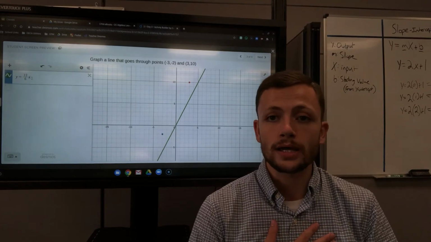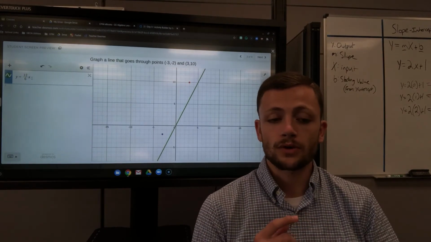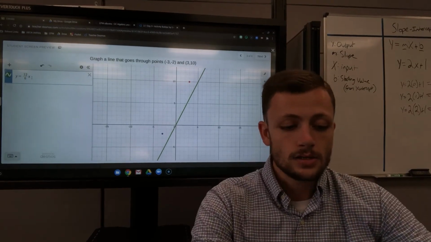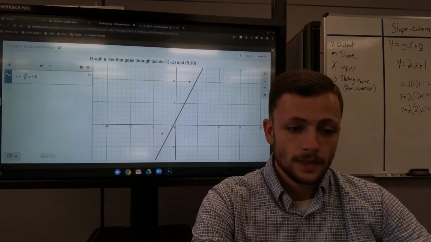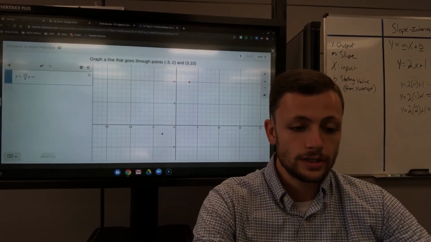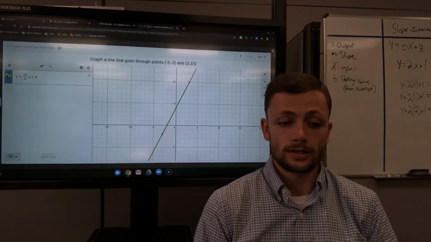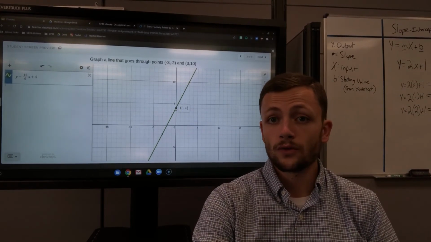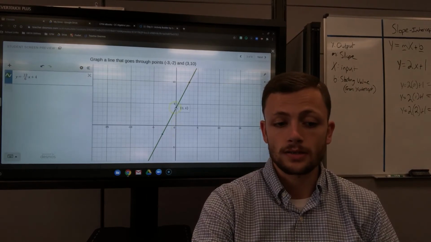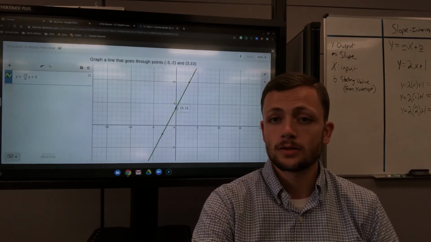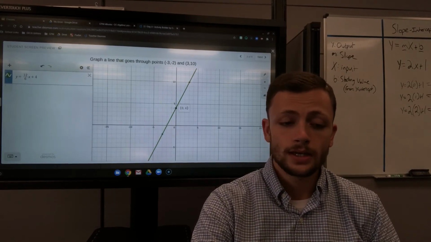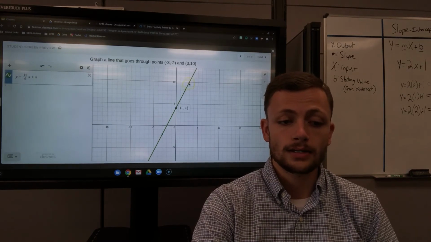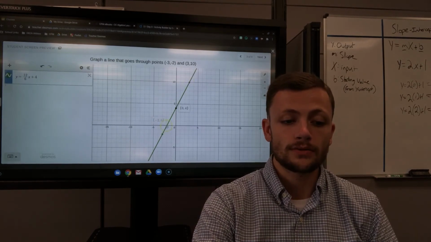I need to know what the y-intercept has to be in order for the graph to actually go through those points. So I added 1, and it didn't work. I added 2, I tried 3, and when I tried 4, it worked. So my y-intercept now is 0, 4. So the line crosses the y-axis when y is 4 and x is 0. And now my line goes through the 2 points that were described in the graph.